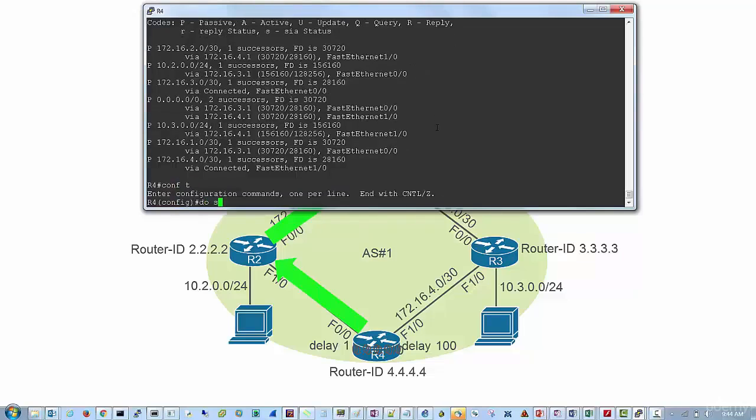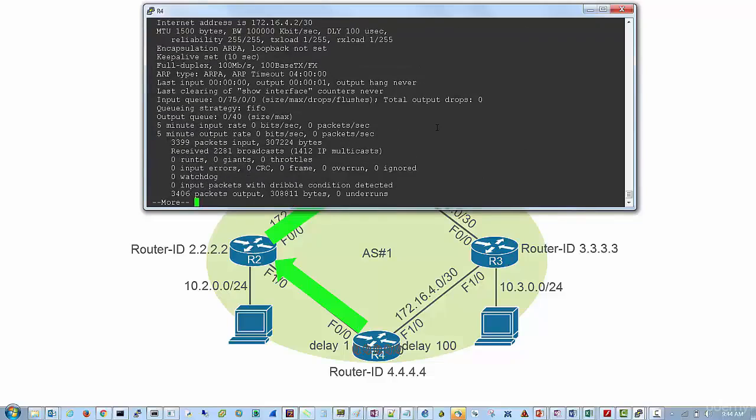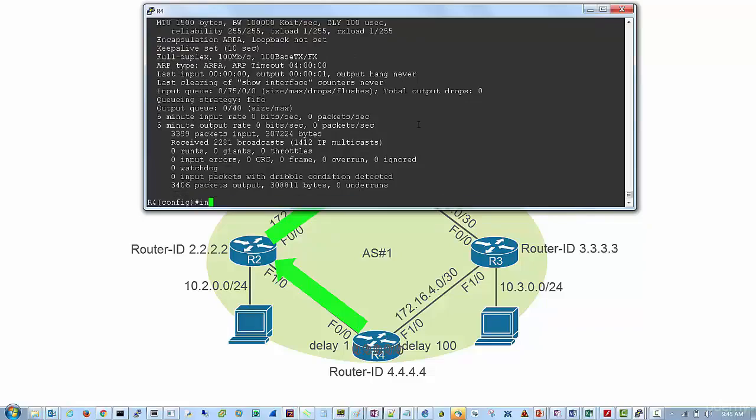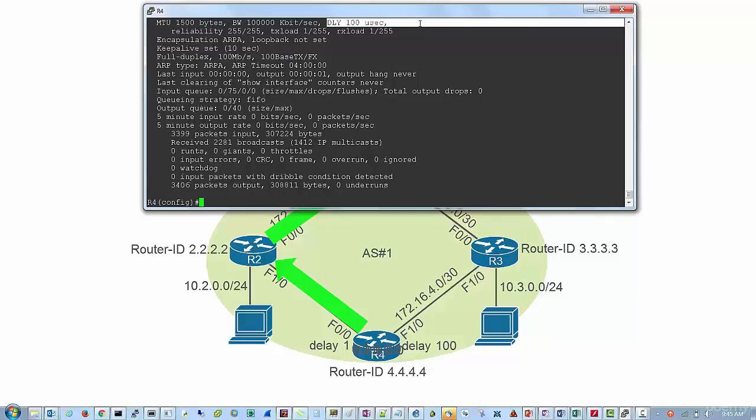To confirm what your existing interface delay is, just run the command, write out the whole command here, show interface F1/0. I can see that I have a delay of 100 right now on my interface. If this was in the configuration, it would actually be a delay of 10. So I'm going to configure a delay of 100, which is going to become 1000 in this output.